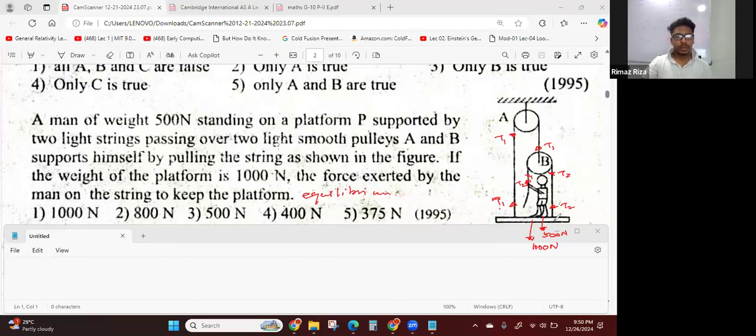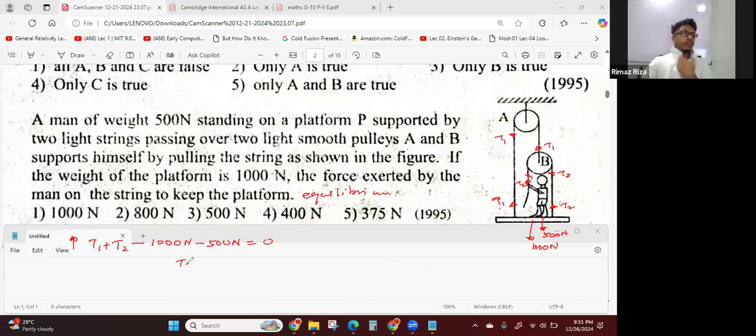Okay, so first we can consider the vertical equilibrium of the platform. So we have vertically upward T1 plus T2, and then downward we have 1000 newtons minus 500 newtons equals 0.